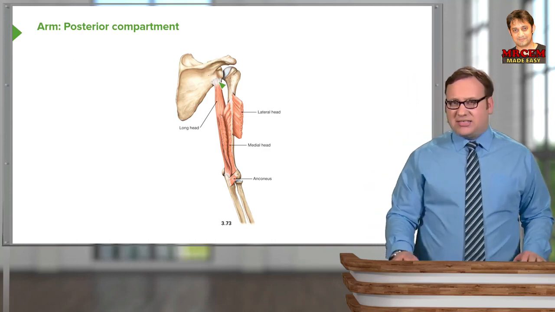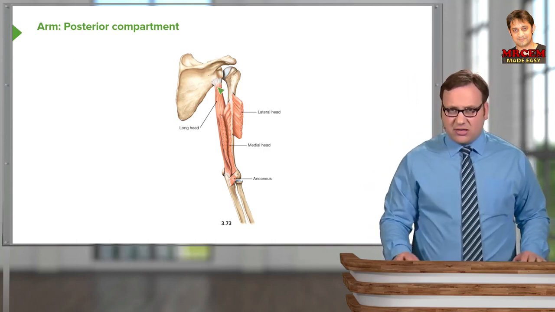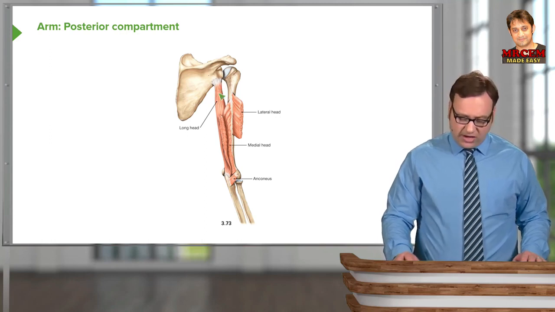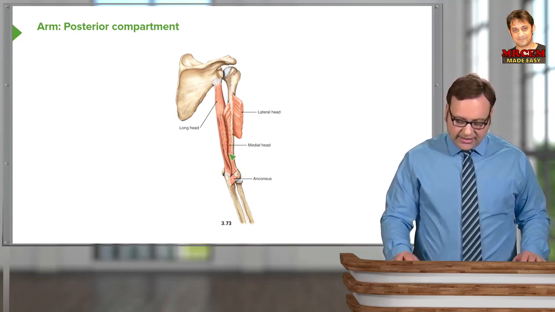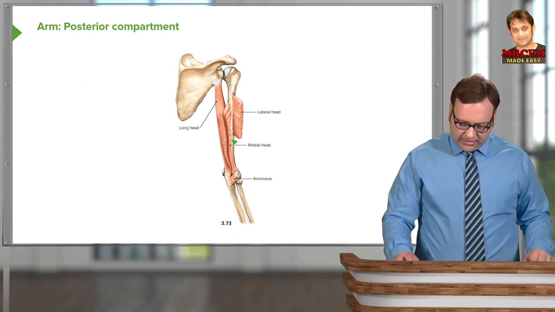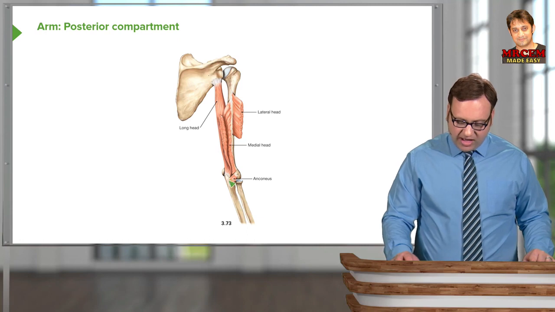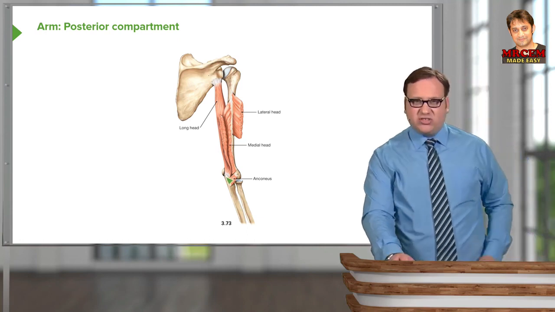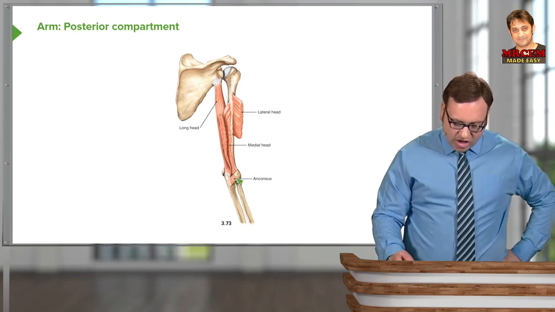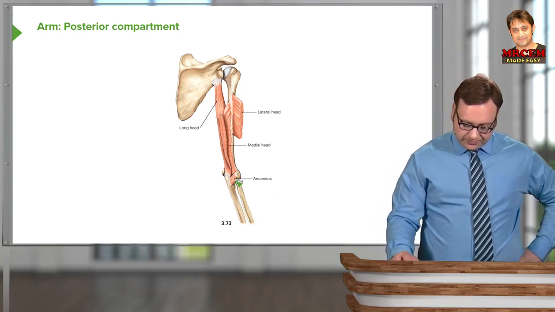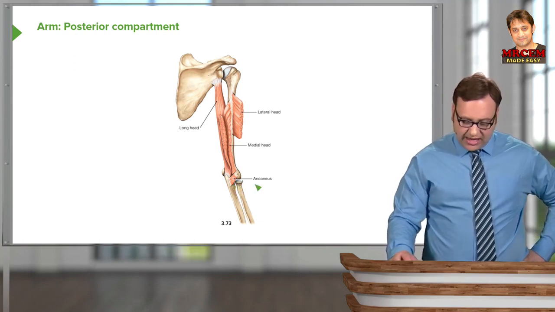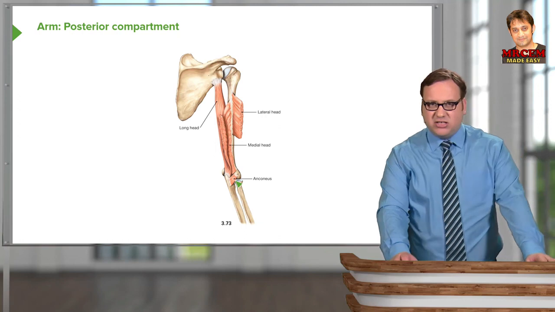The long head of biceps went to the supraglenoid tubercle, while the long head of triceps is coming from the infraglenoid tubercle. It then unites to form this common tendon where the medial head and lateral head converge and all 3 attach onto the olecranon. We've also got a small muscle here which is known as anconeus, coming from the lateral epicondyle of the humerus towards the olecranon here, anconeus, but I won't really mention that.